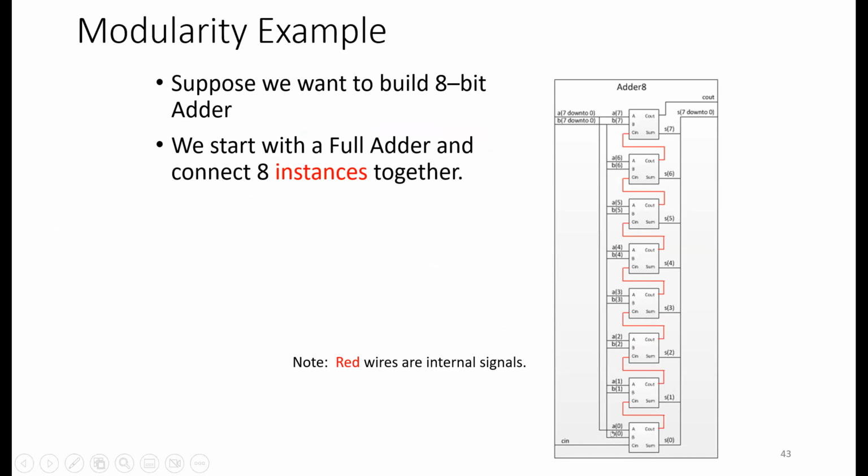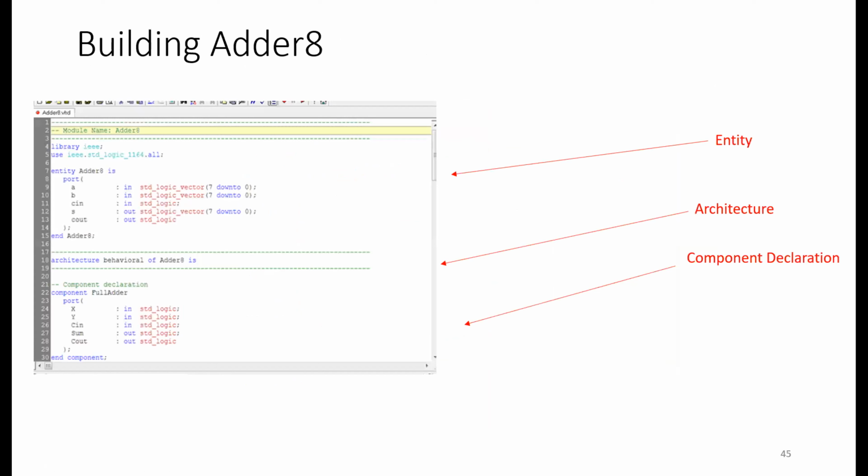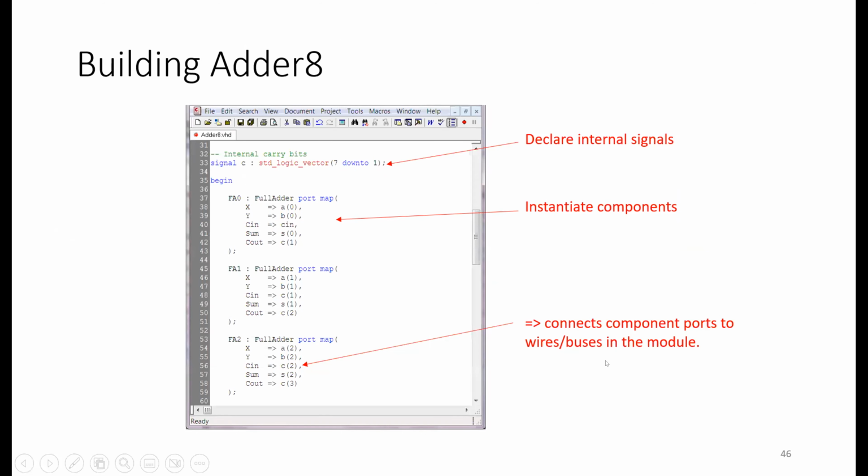A0, B0, C in. The output is S0. And the carry is C out here, C out of 1.